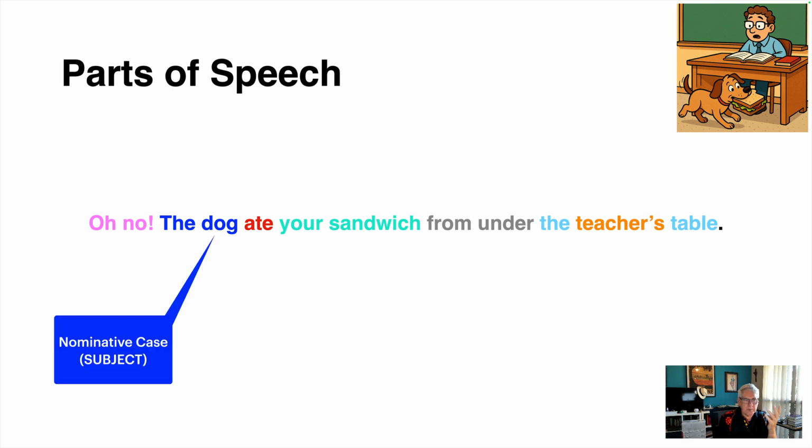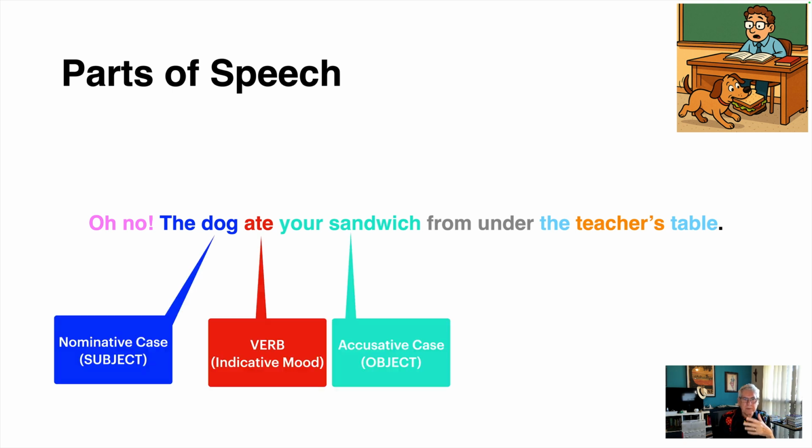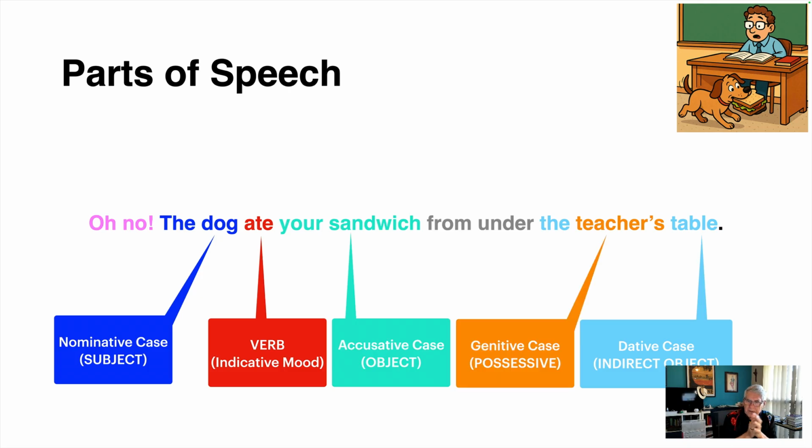Okay, nominative, verb, accusative, indirect object, so dative in the case of Greek. In English we do it usually by a preposition, and then I've edited the sentence ever so slightly, so now we're saying it's the table of the teacher, or as we would typically say in English, the teacher's table.